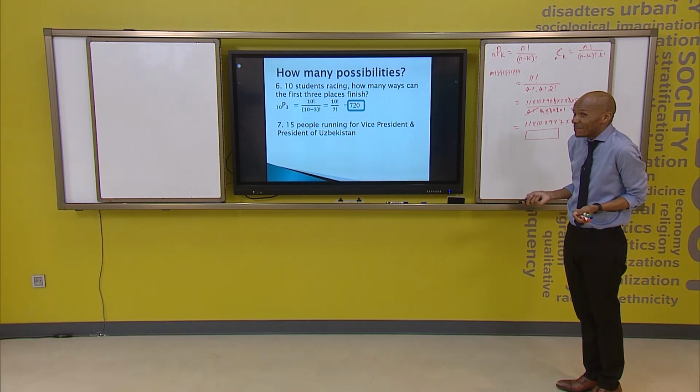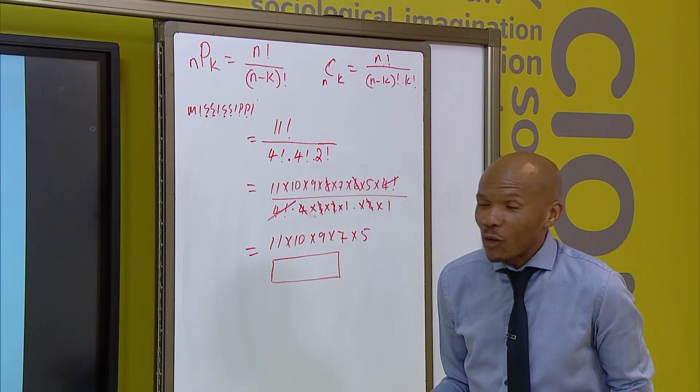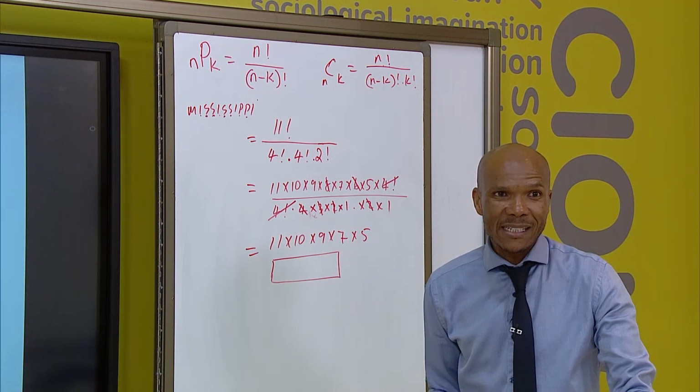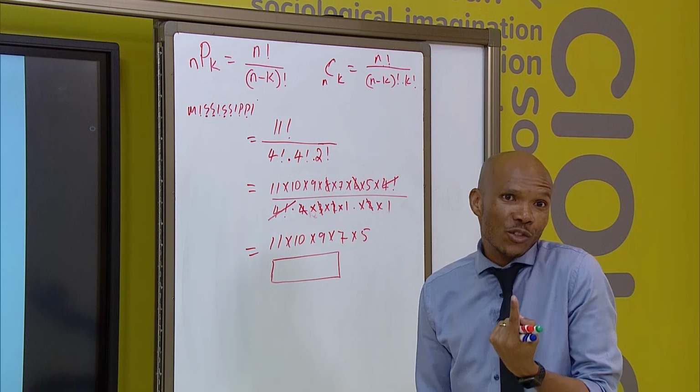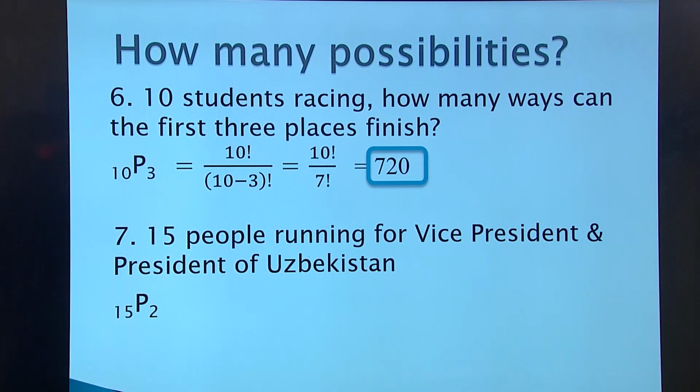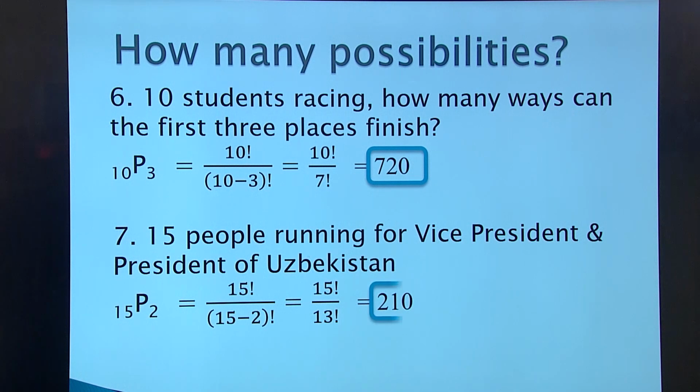Yes, it does, because once you choose the president, you're not going to have the president again standing for the vice president. You're going to choose the president once, all right? So since it is permutation, we're going to use the permutation formula, which is 15P2, and 15 factorial divided by 13 factorial will be 210 ways, all right?